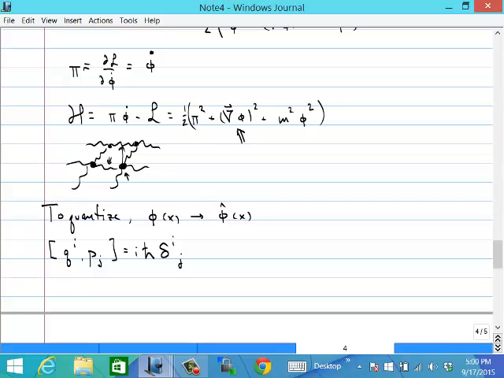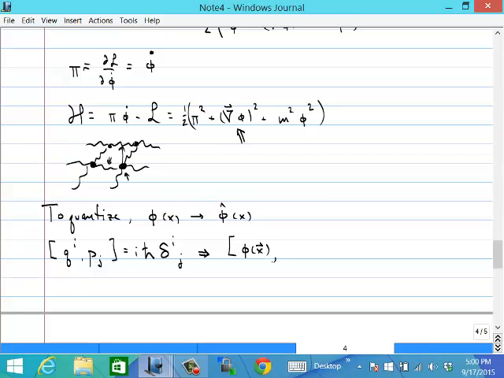So let's say that I labels which of those little masses connected by springs we're talking about. What does that mean in the context of our field variables? Well, remember, we have 1 degree of freedom per point in space. Okay. So we should really replace this by some phi of x.